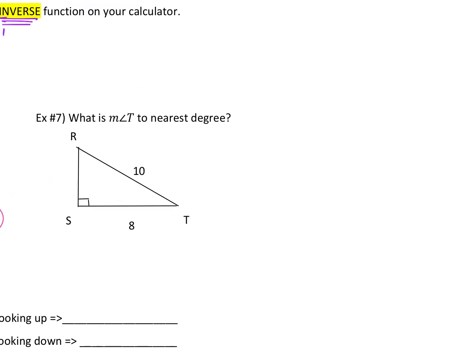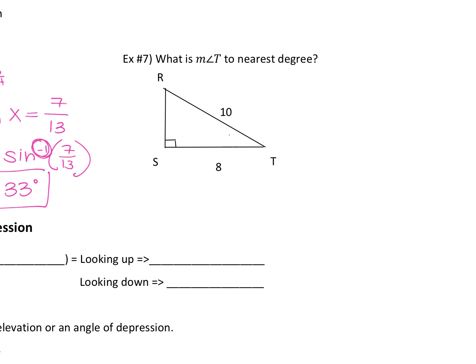Last one. The measure of angle T. So here's T, call it X. Can you tell me which trig function you're going to use? It's cosine. You have the adjacent and you have the hypotenuse, right? So CAH is cosine. So it's going to be the cosine of X equals what over what? 8 over 10.